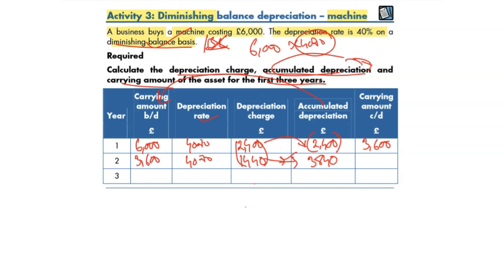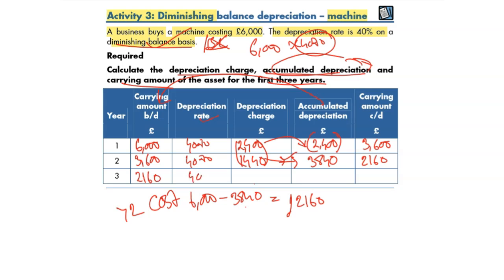And our cost is 6,000, so 6,000 minus 3,840 for year 2. I got 2,160 on my calculator. That is your net book value, 2,160, and that net book value is the balance carried down for year 2, but for year 3 we bring it down, brought down 2,160.